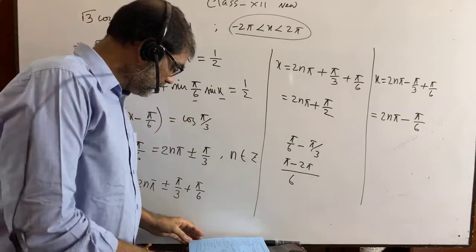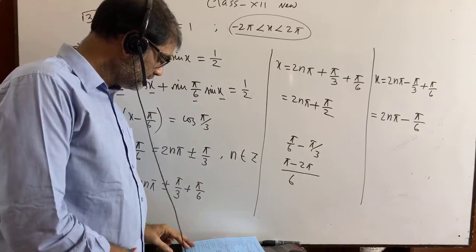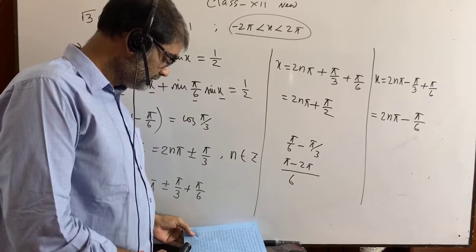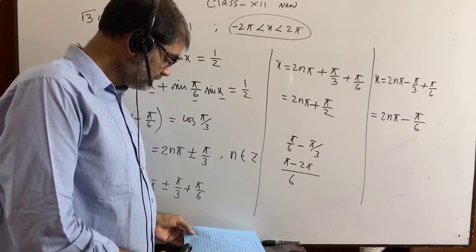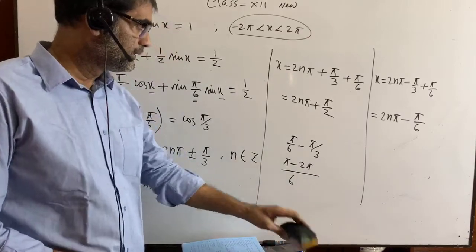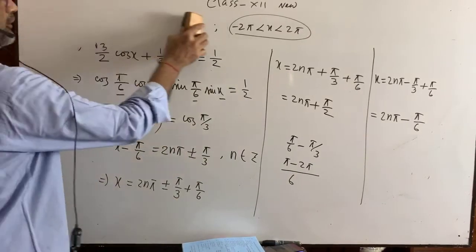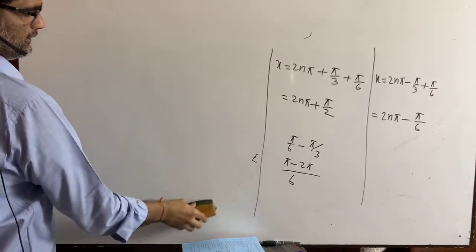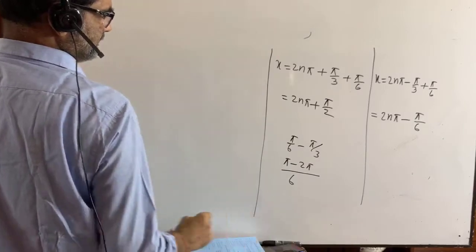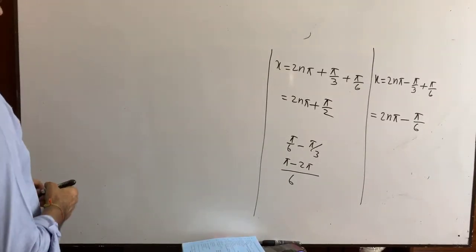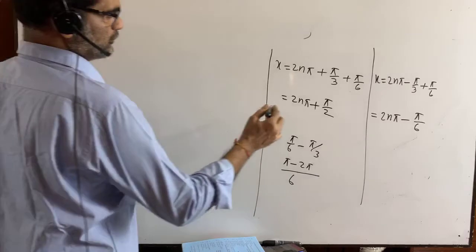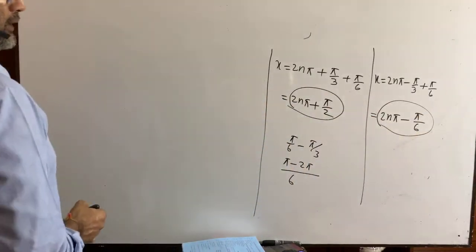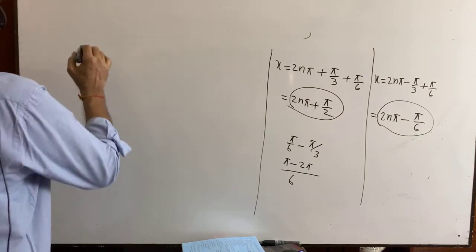Now we have to find the value from the range. You see how we can find. At first, we have got these two values. Please remember this and this. We should not forget these values. Okay, so draw a table.